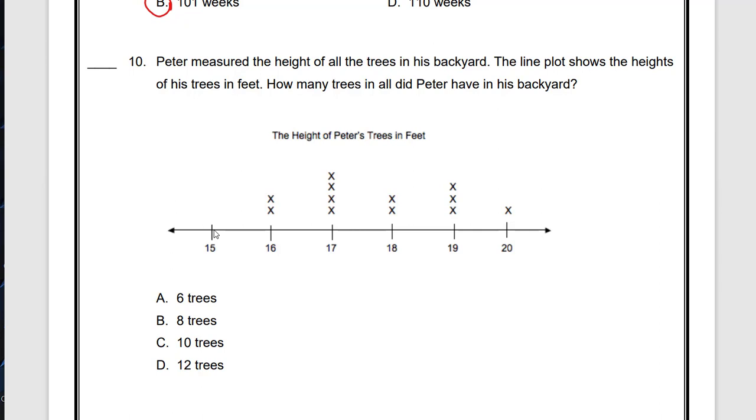Peter measured the height of all trees in his backyard. The line plot shows the heights of his trees in feet. And this is the question. How many trees in all? 12. How do you know that it's 12?